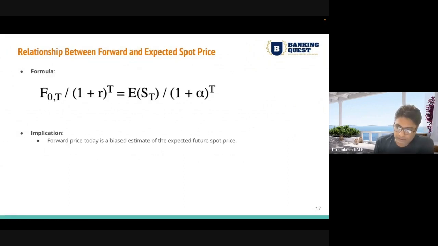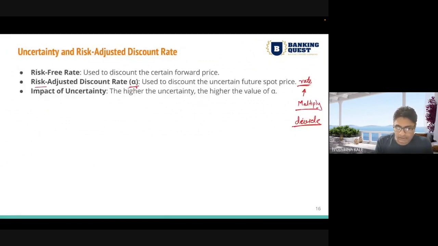This is the relationship between forward and expected spot price. Basically, forward price should be equal to expected spot price. Therefore, the forward price is discounted by the rate, and the expected spot price should be discounted by the alpha. And what is the alpha? Alpha is the risk adjusted discount rate.